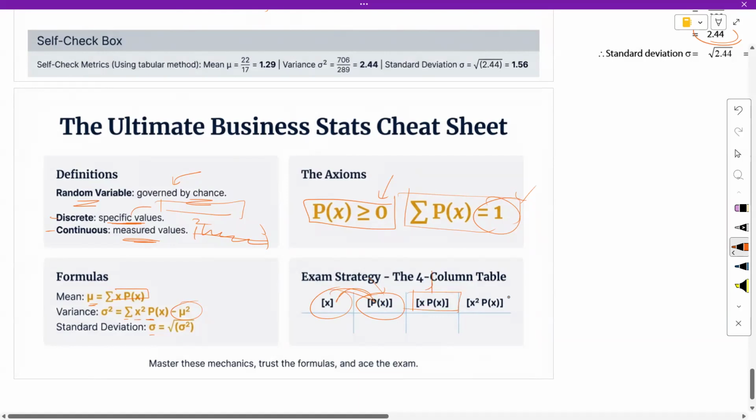And to calculate the variance or standard deviation, you can directly take the square of this x value and multiply this, and you can fill this column, or else you can add one more column that represents x square, and then you can add this column.